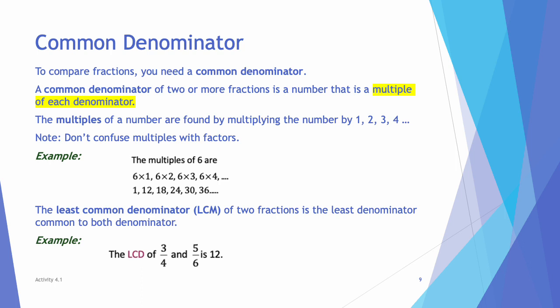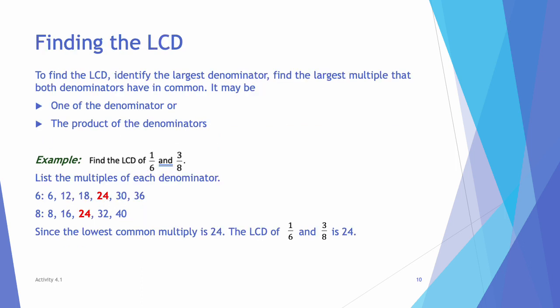The least common denominator, or LCD, of two fractions is the least common multiple of both denominators. The LCD of 3/4 and 5/6 is 12. To find the lowest common denominator, identify the largest denominator and find the smallest multiple that both denominators have in common. It may be one of the denominators or a product of the denominators.